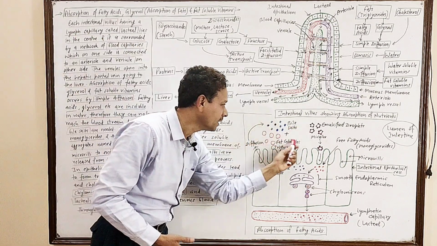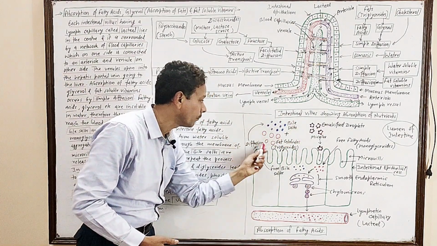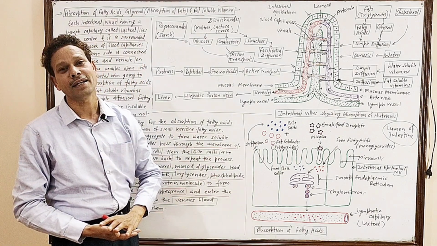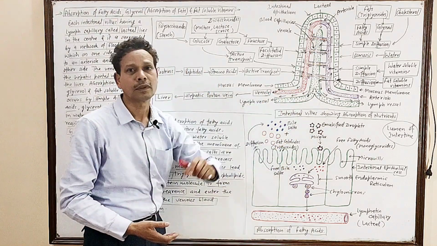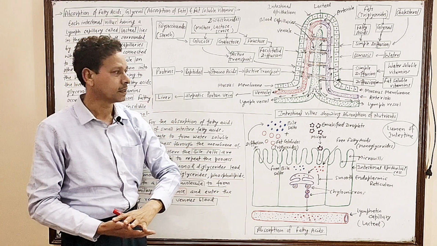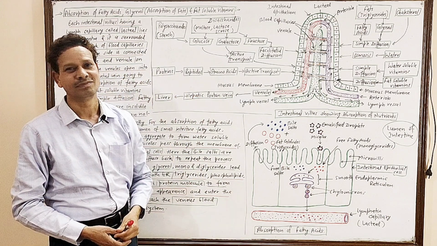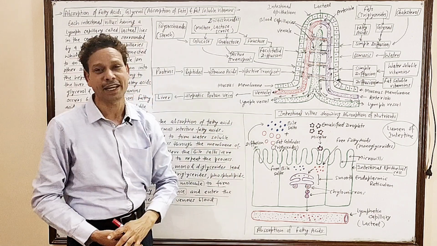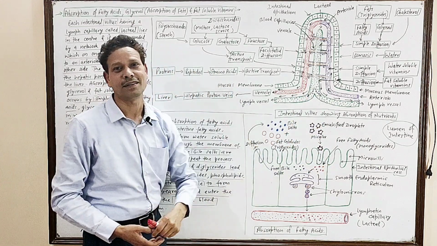Dear students, in the lumen, in the cavity of the small intestine, these bile salts interact with fatty acids, monoglycerides, fat-soluble vitamins, and they interact and produce water-soluble aggregates. Dear students, water-soluble aggregates. Very important, these are named micelles.